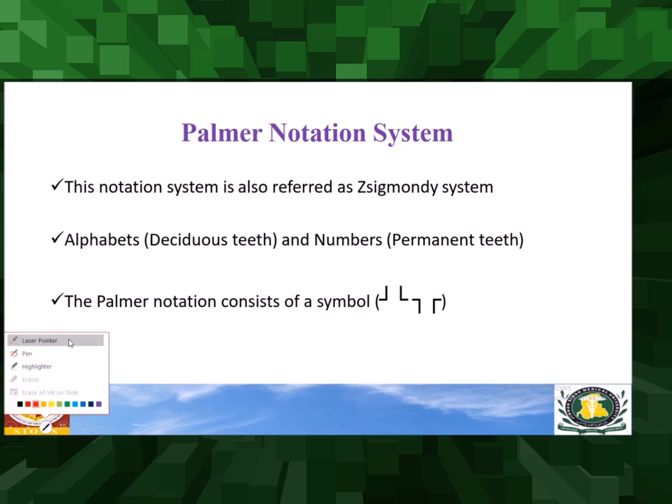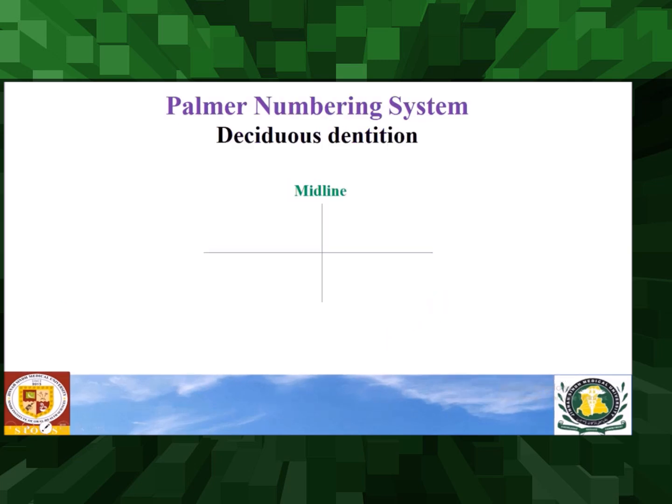For example, the first symbol indicates the maxillary right quadrant. The second symbol indicates the maxillary left quadrant. The third symbol indicates the mandibular right quadrant. And the last one indicates the mandibular left quadrant. Now we will discuss the Palmer notation system for the deciduous dentition.